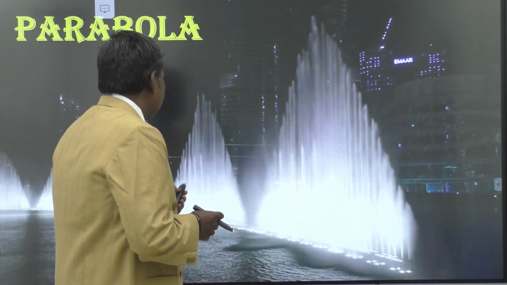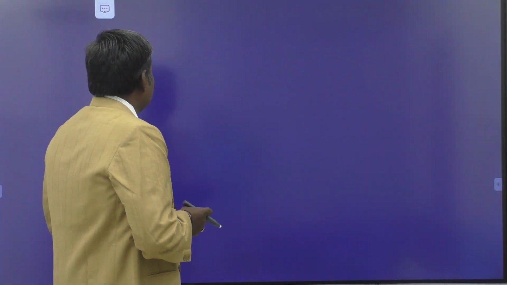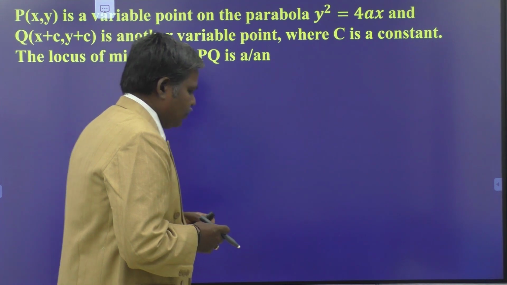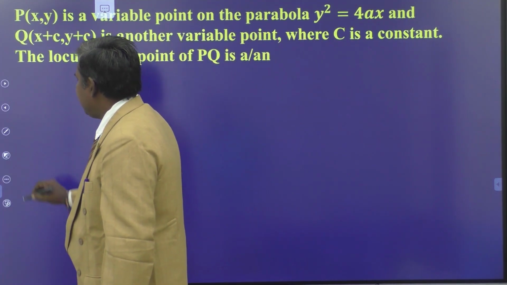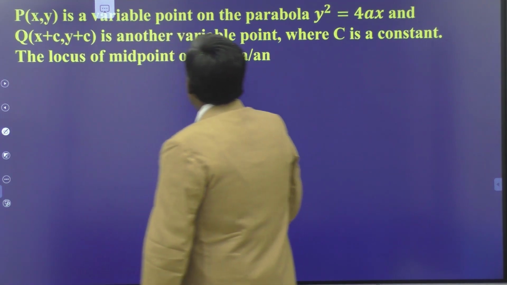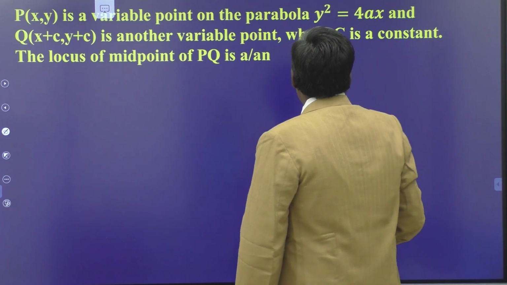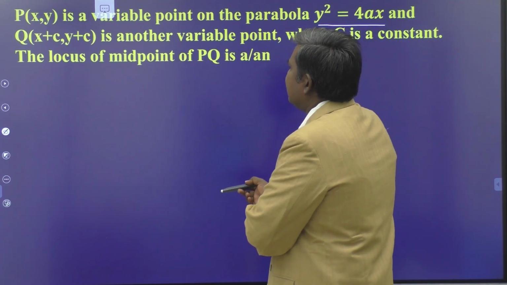Okay, now see here. This is the problem. P(x, y) is a variable point on the parabola y squared equals 4ax.